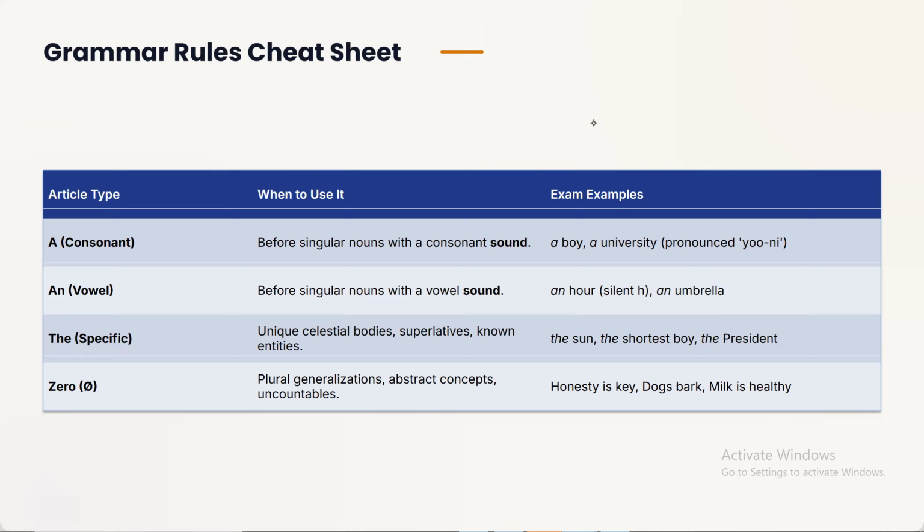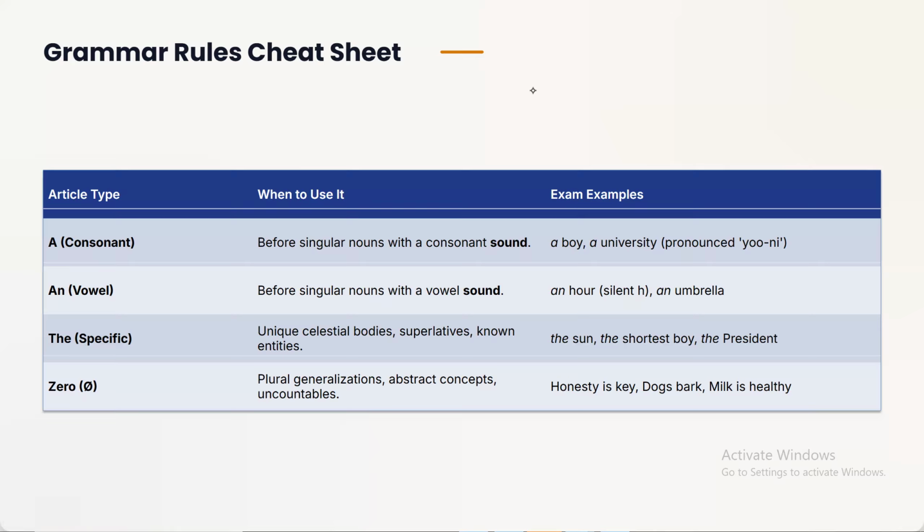Okay, let's look at an instance. Before singular nouns with a consonant sound, for example, boy. The sound is consonant, so that would take on a.